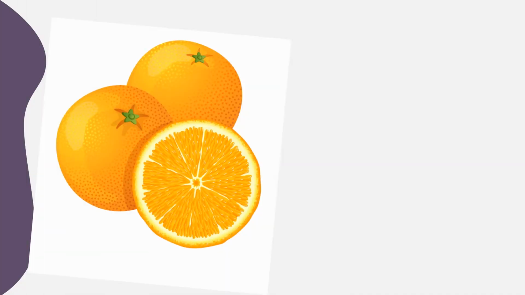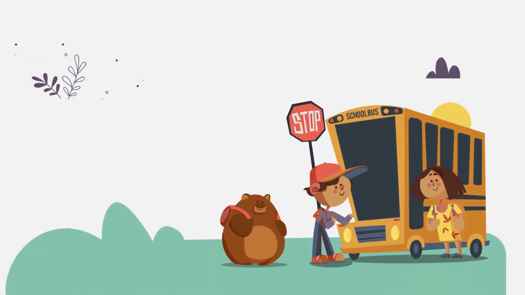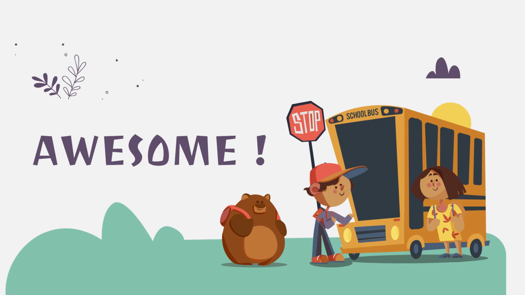Here, there are more than one orange. Countable or uncountable now? Countable, right, because you can count 1, 2, 3. Awesome. You answered all the questions correctly. Well done.